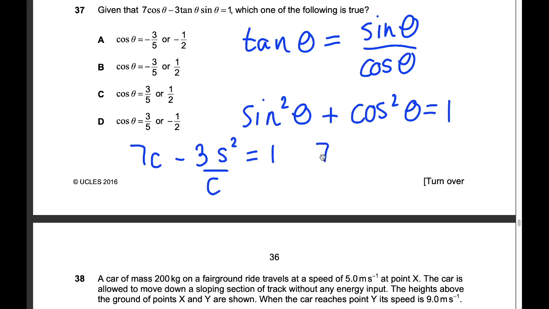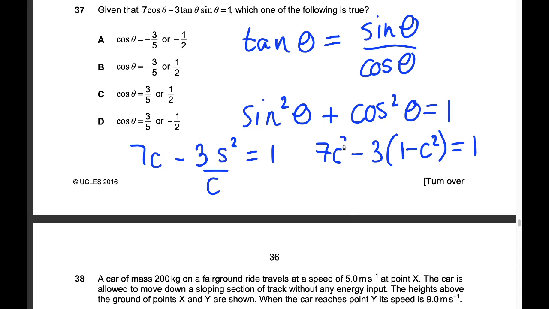So I can write this as 7C minus 3, 1 minus C squared equals 1. So don't worry, I haven't forgotten about the C on the bottom here. I might times everything by C just to sort of get rid of that.